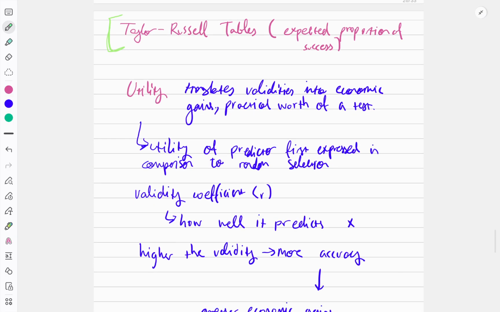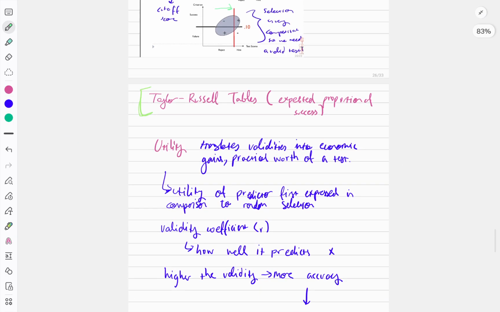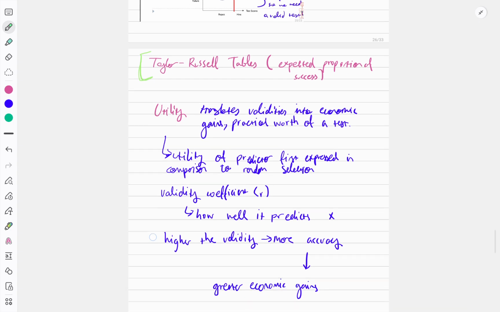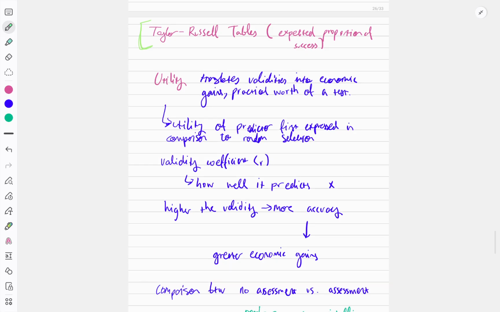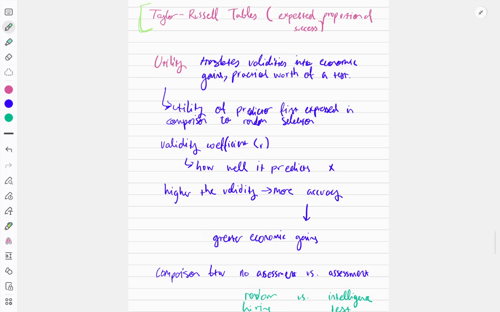So in terms of utility, it translates validities into economic gains or practical worth of a test. Utility of predictor is first expressed in comparison to random selection. And then we have validity coefficient. Validity coefficient shows how well it predicts X. The higher the validity, the more accuracy, then we will have greater economic gains.